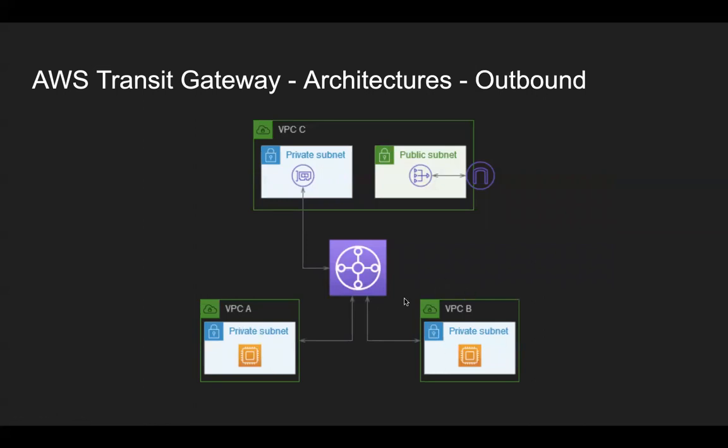What you can do is ensure that in VPC-A's route table, you have a local route and a 0.0.0.0/0 route going to the transit gateway. In VPC-B, you can have a local route and a 0.0.0.0/0 route going to the transit gateway. In the transit gateway's route table, you can say 0.0.0.0/0 should go to VPC-C.